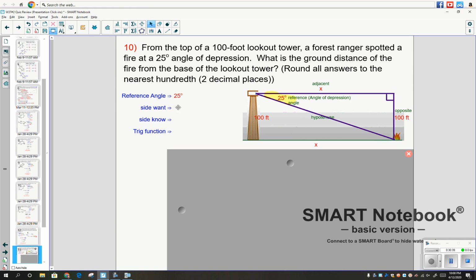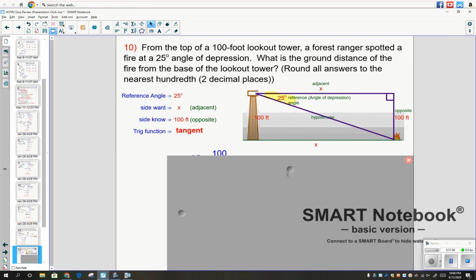I want to find the measure of x. Well, how is the side with the x related to my reference angle? It's the adjacent leg. I know the measure of 100 feet, which is the tower, the same as the side opposite my reference angle. Which trig function uses adjacent and opposite? Tangent does.